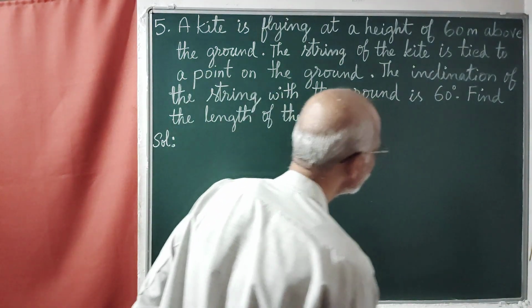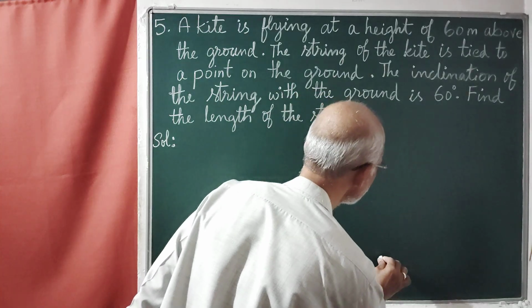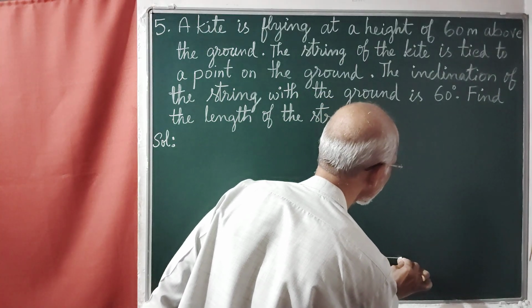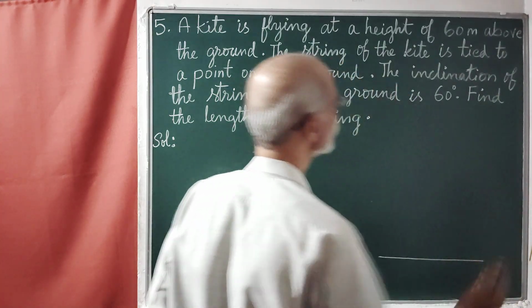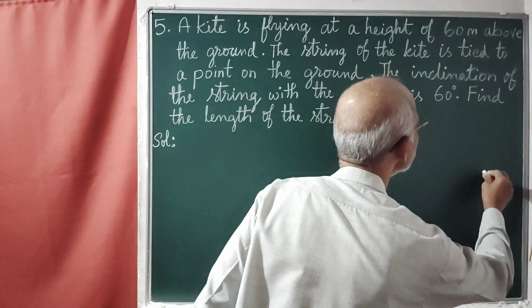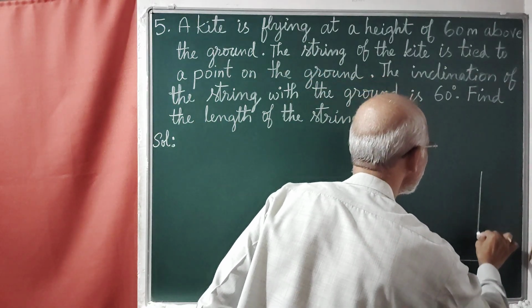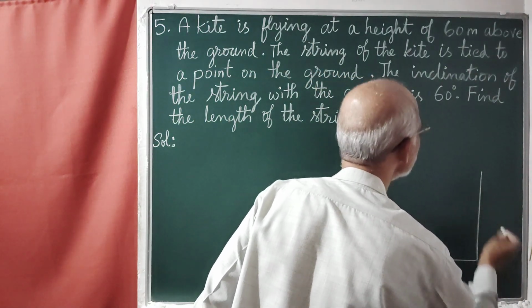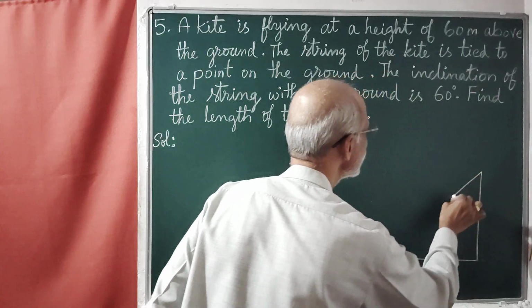So, we'll draw the diagram. Let this be the ground level. First, we'll draw a triangle.